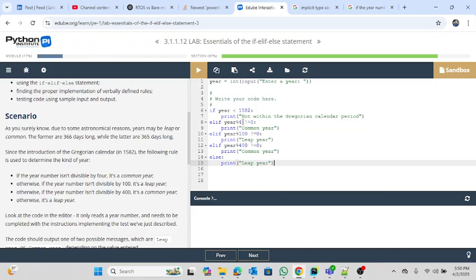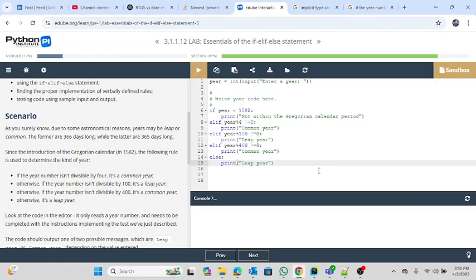If the year is not divisible by 4, then it's a common year. If the year is divisible by 4 and not divisible by 100, then it's a leap year. And if the year is divisible by 4, divisible by 100 and divisible by 400, then it's a leap year. Okay, guys, hope you understand.